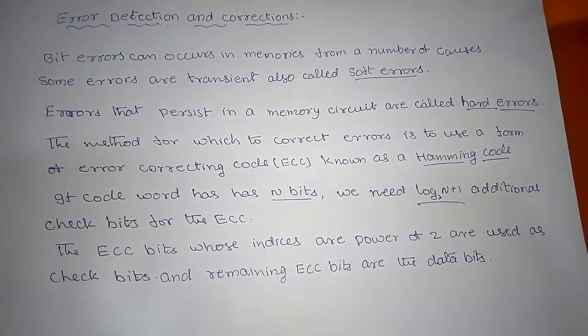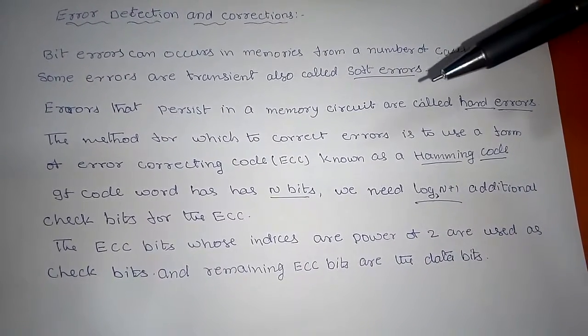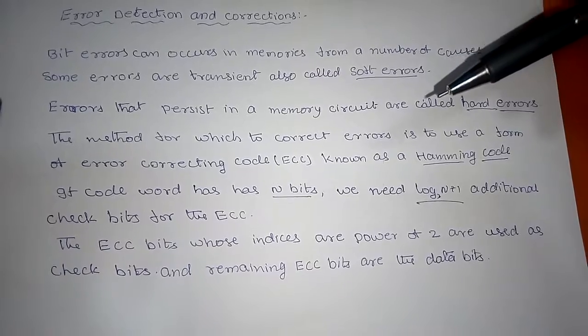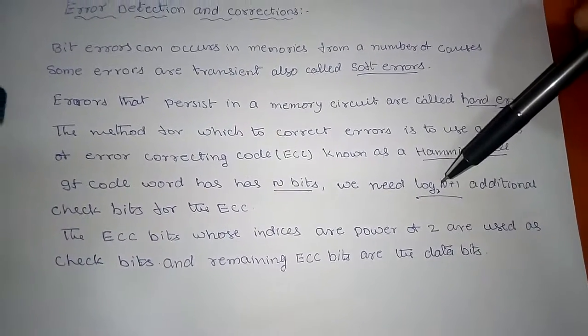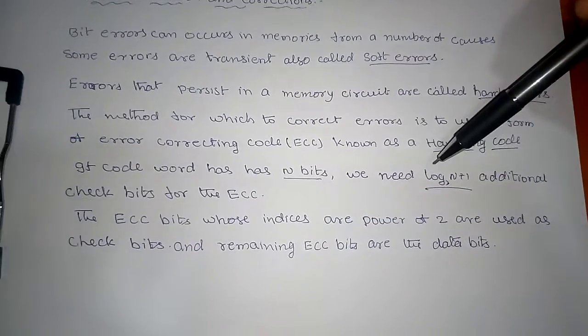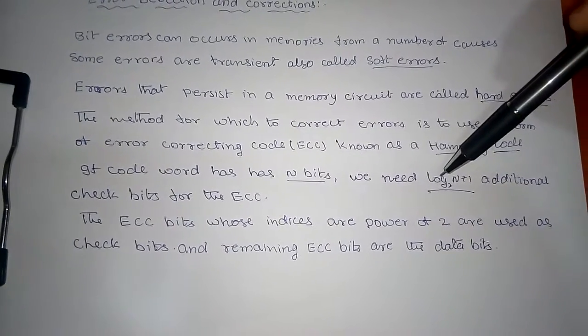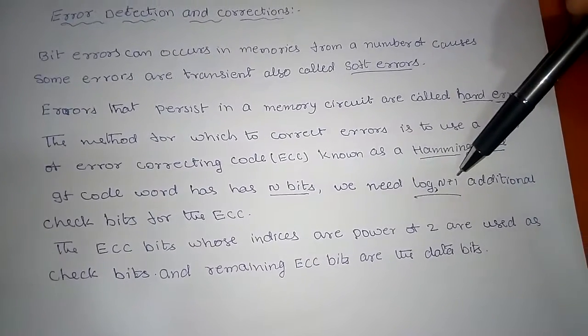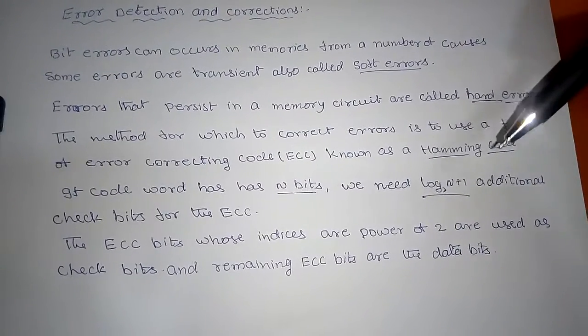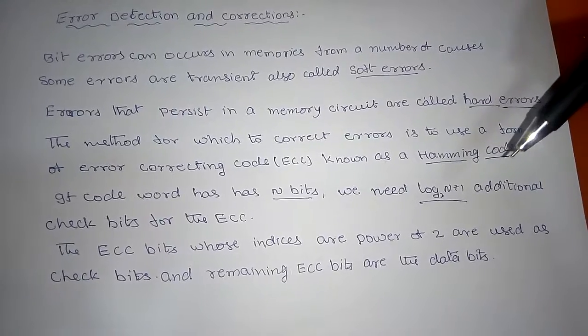In this Hamming code, if the code word has n bits, we need 2 to the power of log base 2 n plus n additional check bits for the ECC.